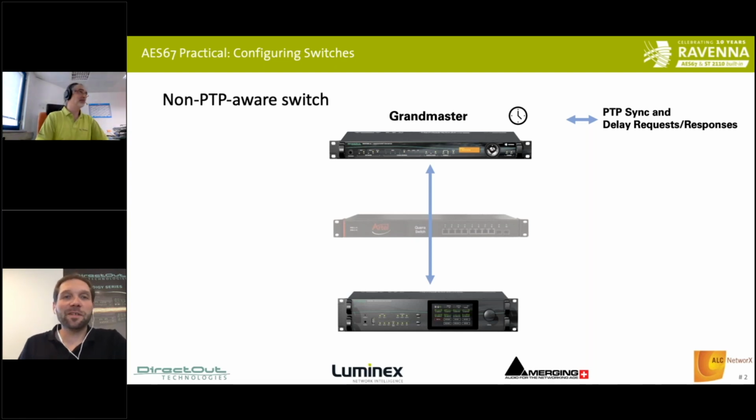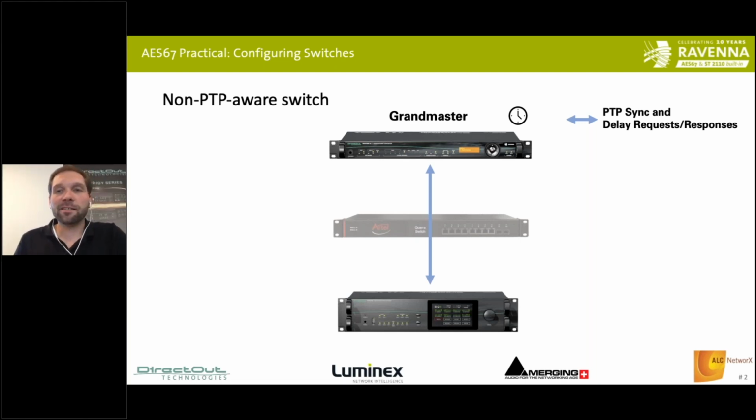Yeah, I wanted to go a bit into details about what is behind the situation regarding PTP in the switches, and show you a little bit what actually happens depending on the configuration in the switches.